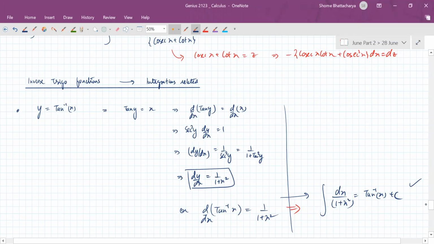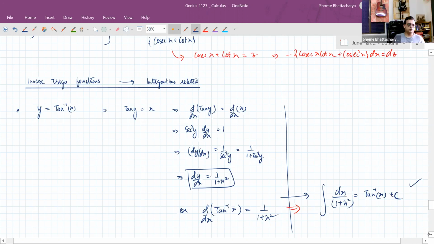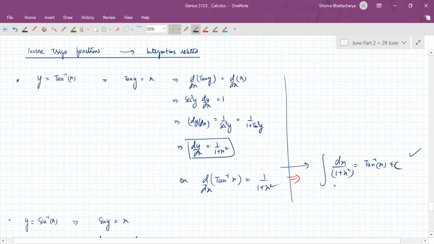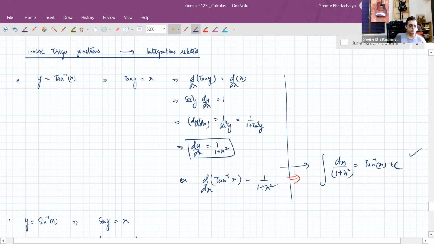Oh, sir, I've written everything wrong then. You just copy this down properly. Differentiation of tan inverse x is 1 upon 1 plus x square. No, beta. So integration of dx upon 1 plus x square is tan inverse x. And so for sine, there is root over, right? Yes, for sine there is root over. For sine inverse that is.